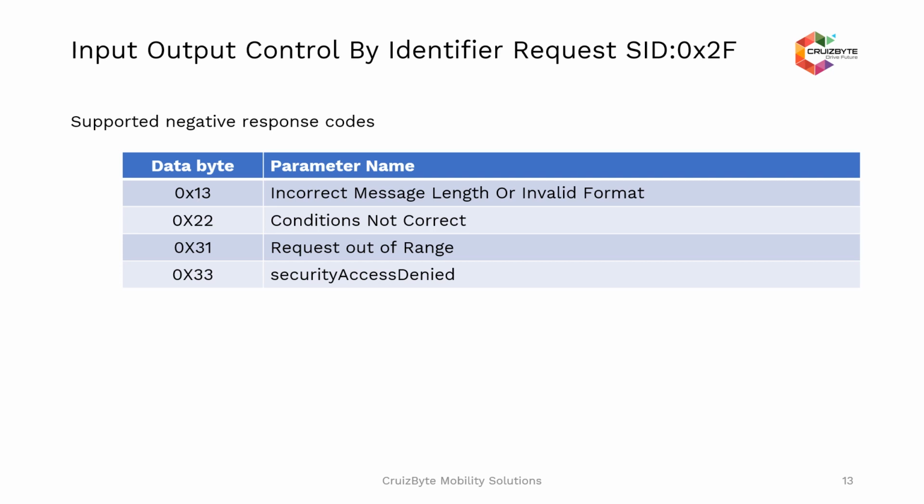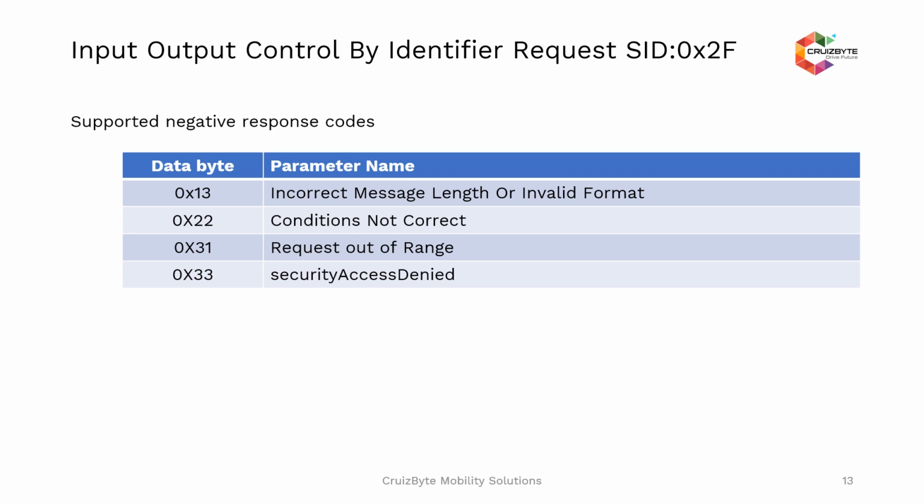One thing is the requested identifier value is not supported by the device. For example, we might have defined DIDs from 0x00 to 0x10, but we are trying to send 0x11. Then the DID itself is not present as part of the ECU software, so it says this is not supported by the ECU.